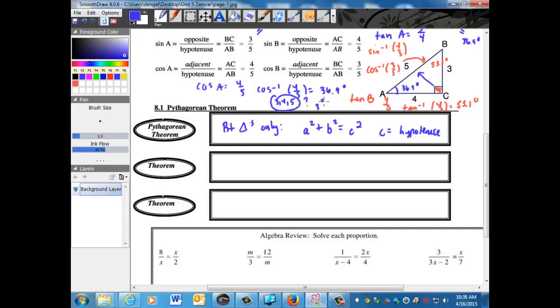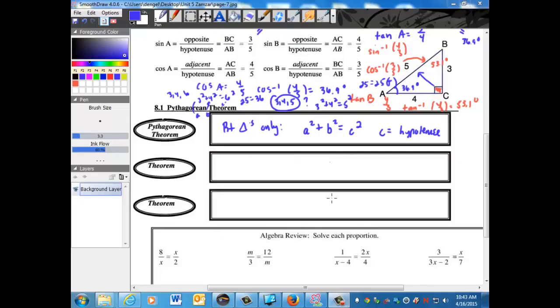And it will, because 3 squared plus 4 squared equals 5 squared, and we end up getting 25 equals 25, and that's true. So 3, 4, 5 is a right triangle. All right, so we know that the lengths of 3, 4, and 5 form a right triangle.